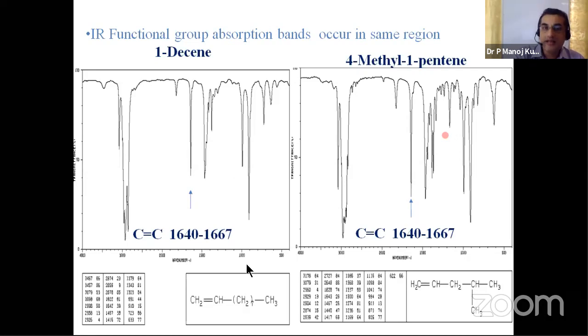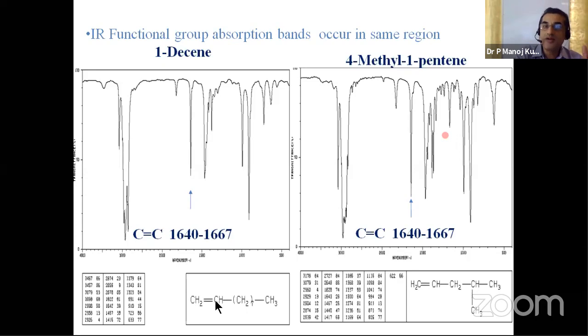And not only that, as I told you, it is a vinyl group. Only one substitution is there. It is a mono substituted alkene. Here also it is a mono substituted alkene. Forget about the branching and all, but you will say that definitely it is a mono substituted alkene. So for a mono substituted alkene, you can see here the carbon hydrogen bond.